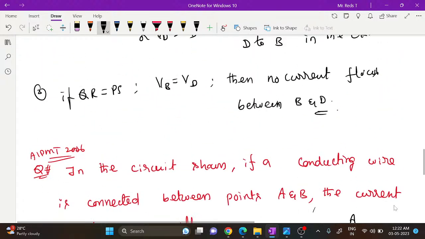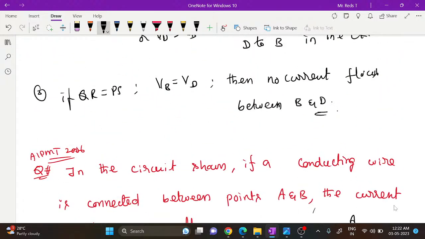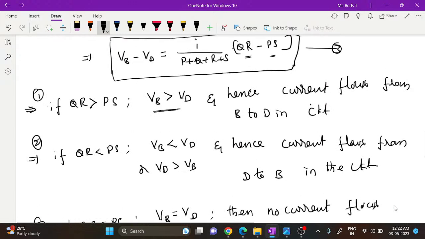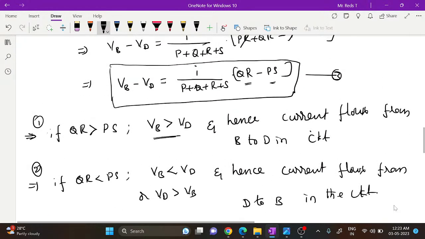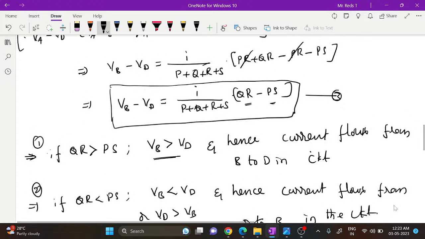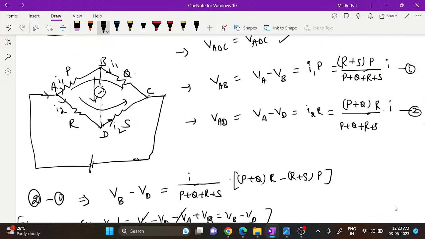Remember, if QR is greater than PS, VB will be greater than VD. Here the top point is B and the bottom point is D. In our question, the top point is given as A and the bottom point is given as B.